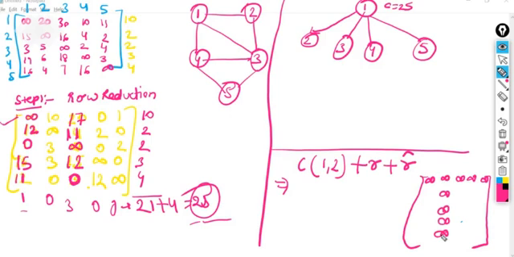Next, 2 to 1 also we cannot go back, because we already know the rule that once we have covered a vertex we don't have to come back there again. So I'm just denoting it here, 1 2 3 4 5, so you will not be confused. First row, second column I have already marked as infinity, and 2 1 is also infinity because we cannot go back. So now everything else will remain as it is.